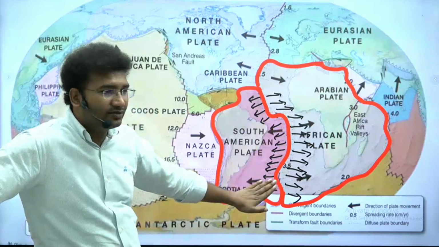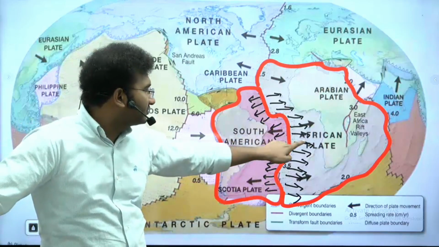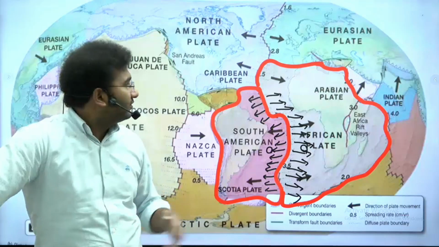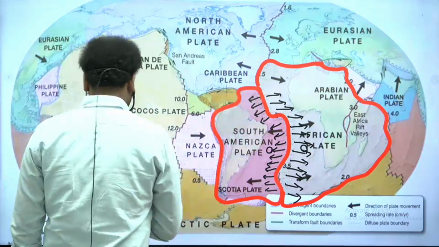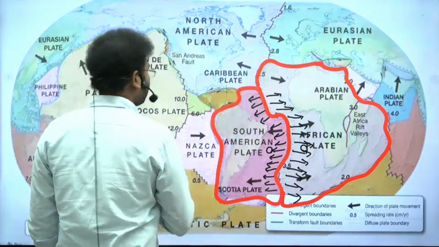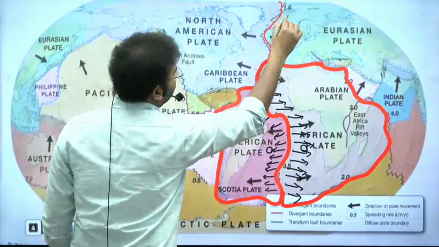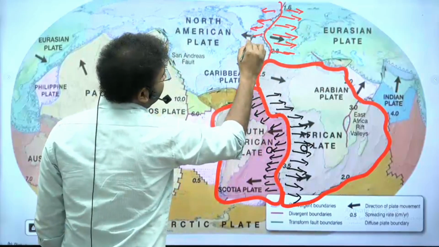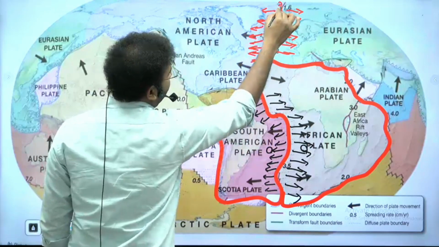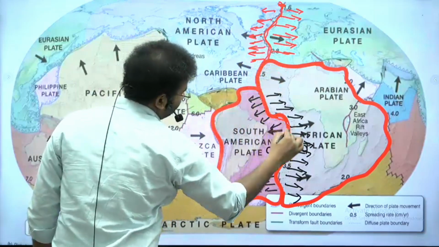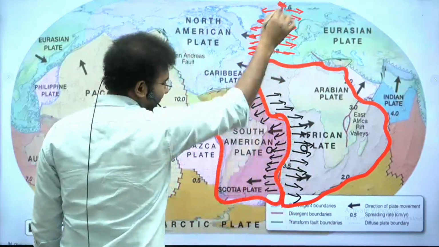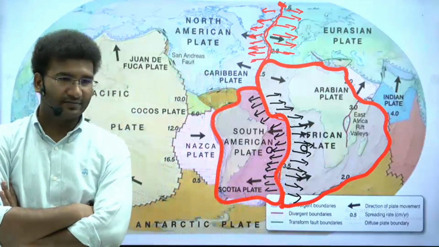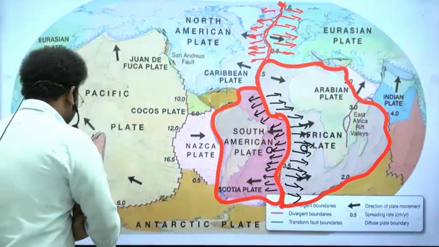Now in this case, you see, this is an ocean, this is also an ocean. There is divergence taking place. Now what happens here? It is not just ending here. Look here. It is extending into ocean. ये भी तो ocean है ना? This is also ocean. That means all the way from the northernmost point of Atlantic to the southernmost point of Atlantic, there is ocean that is present. Right? Now let's try to understand this.